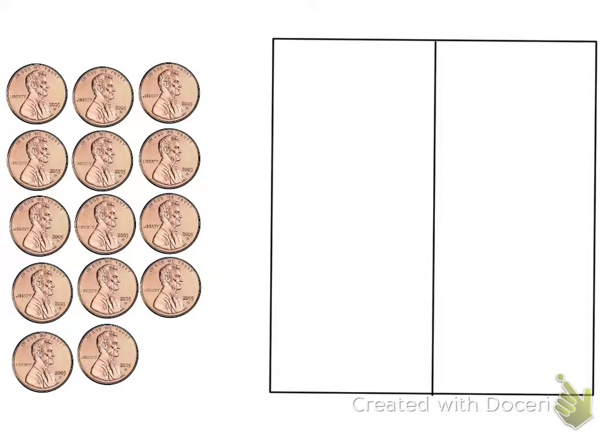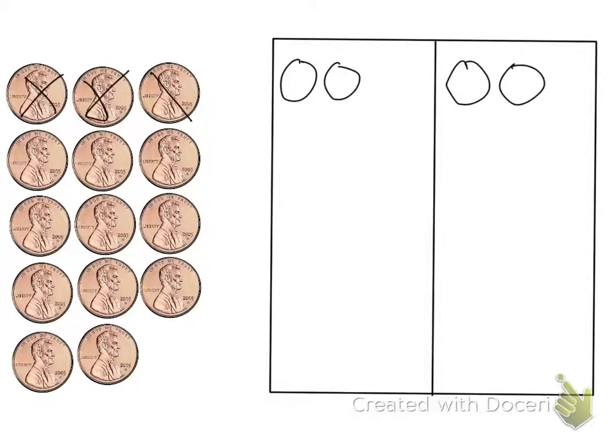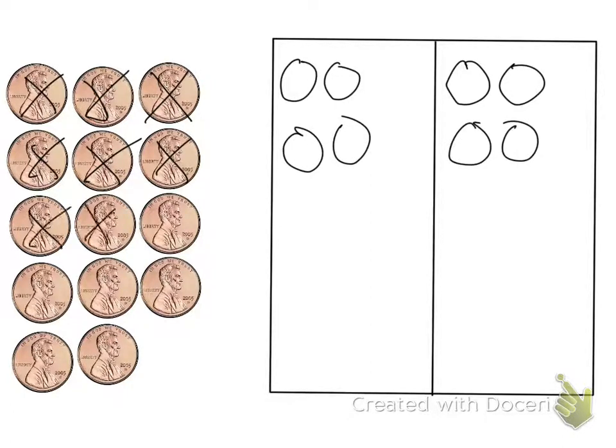All right, what if I have 14 pennies? I need to give some to each of us. This time I'm going to count by 2s. I'm going to give 2 pennies to me and 2 pennies to my friend, just to go faster. 2 for me, 2 for my friend, 2 for me, 2 for my friend.